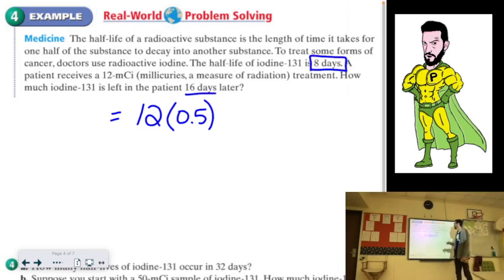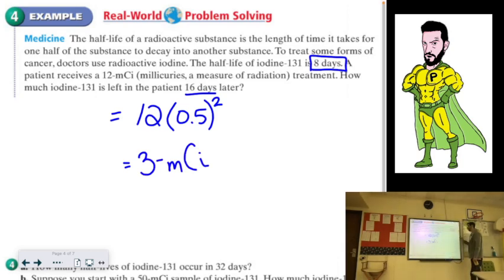We're wondering, how much will there be in 16 days? So how many 8-day cycles happen in 16 days? That would be 2 cycles, 2 half-lives. So that would be our exponent. So 0.5 to the second power is 0.25. 0.25 times 12 is 3. So it comes out to 3 millicuries.